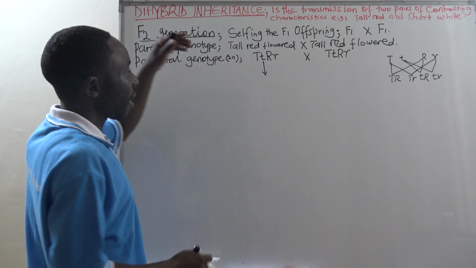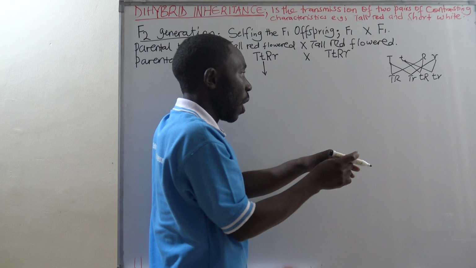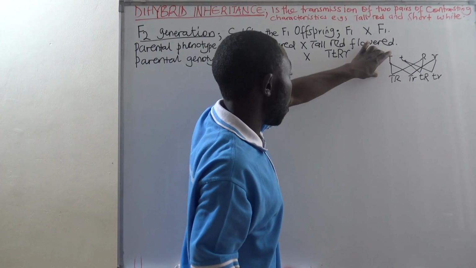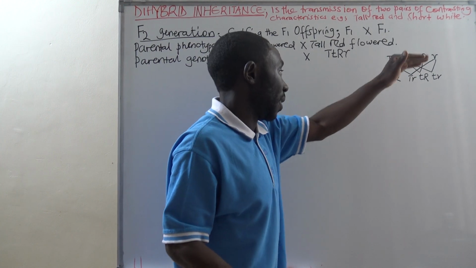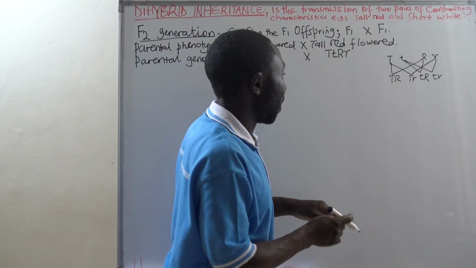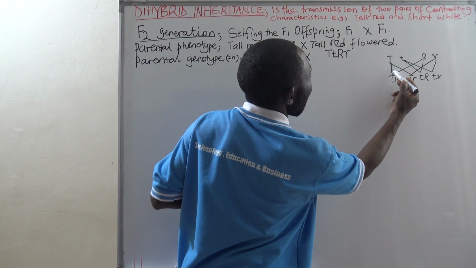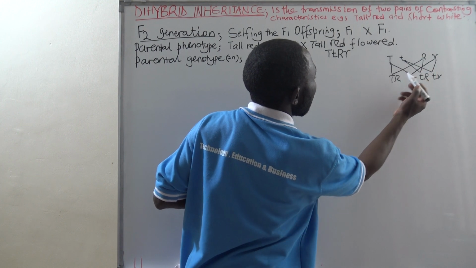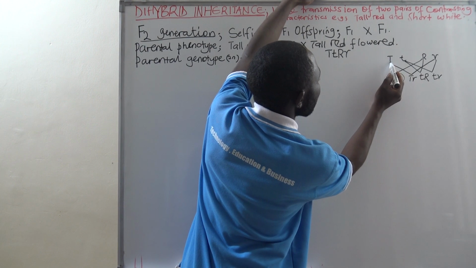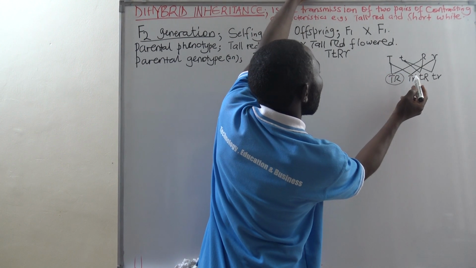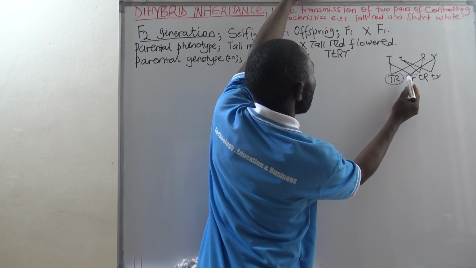Genes segregate and then recombine or assort independently. So this dominant allele T can combine with this one here, and the same gene T can combine with small r to form capital T, small r.